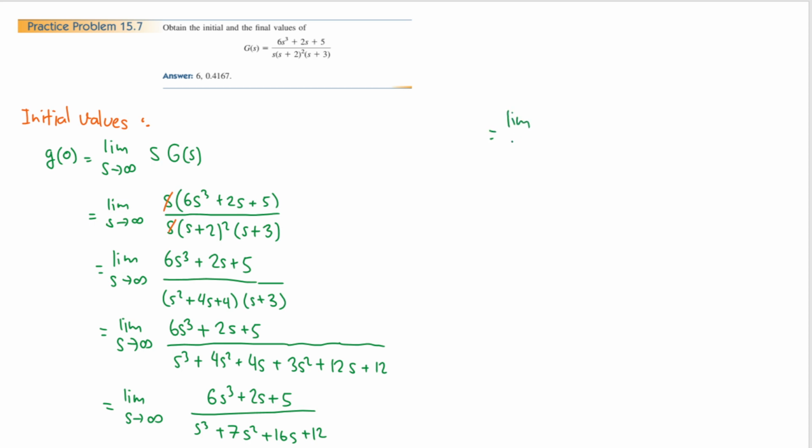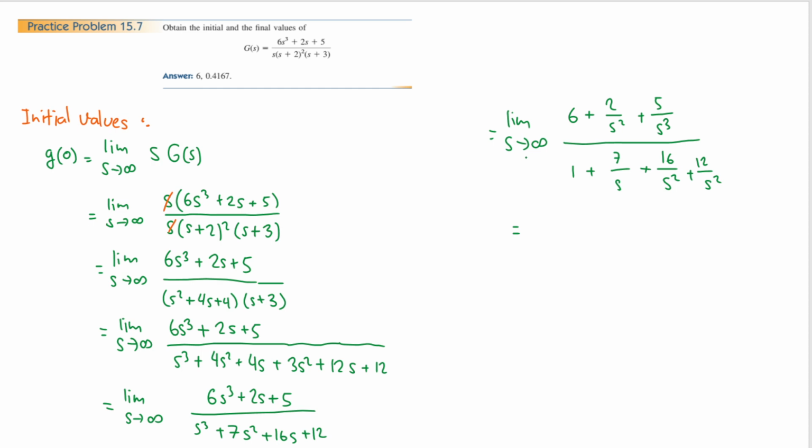We will have the limit as s goes to infinity of 6 plus 2 over s squared plus 5 over s to the third power, divided by 1 plus 7 over s plus 16 over s squared plus 12 over s to the third power.